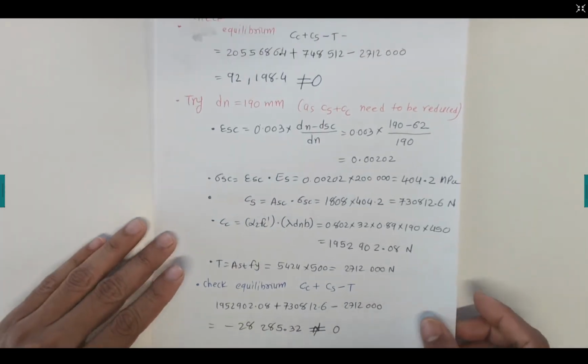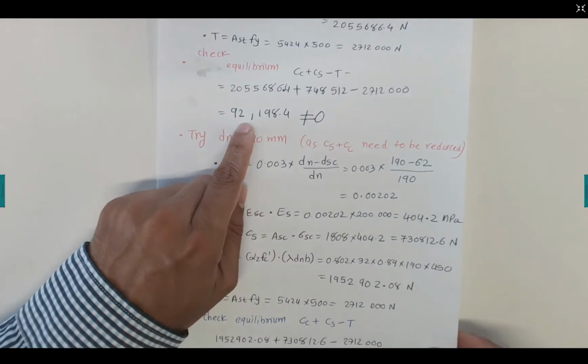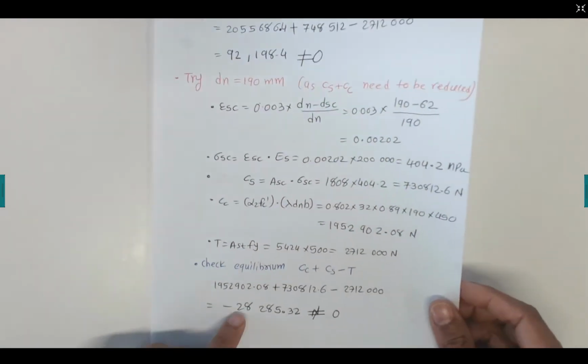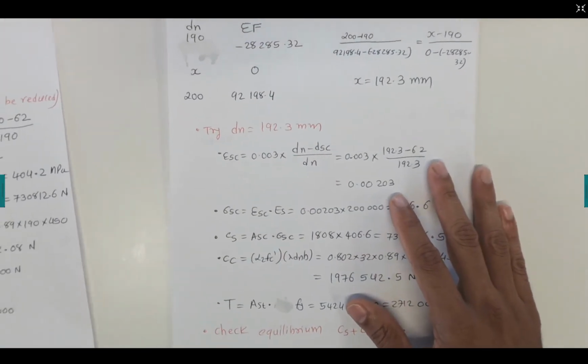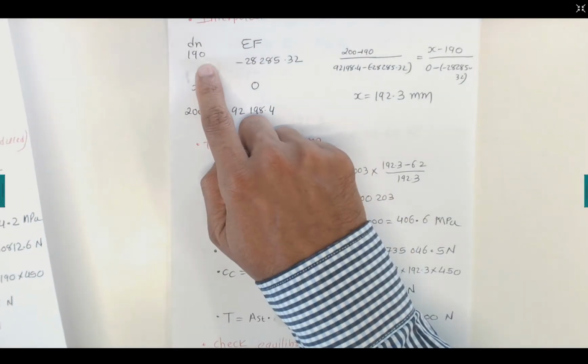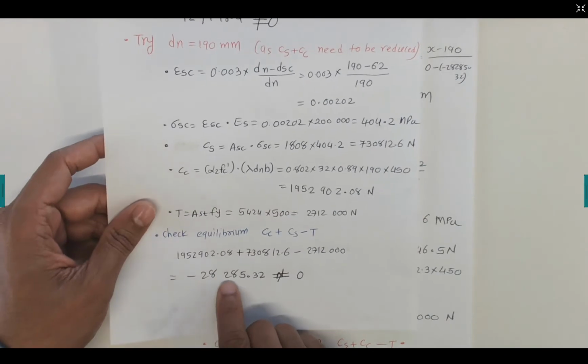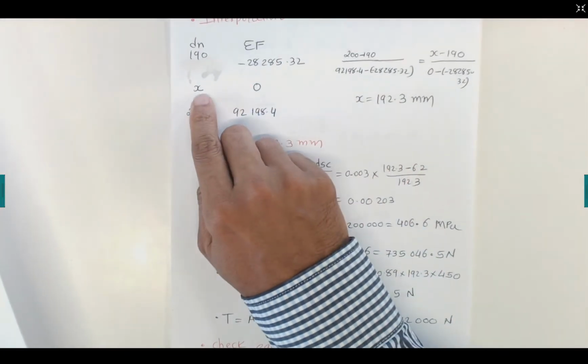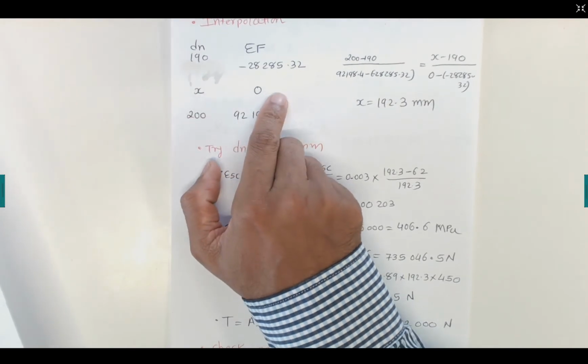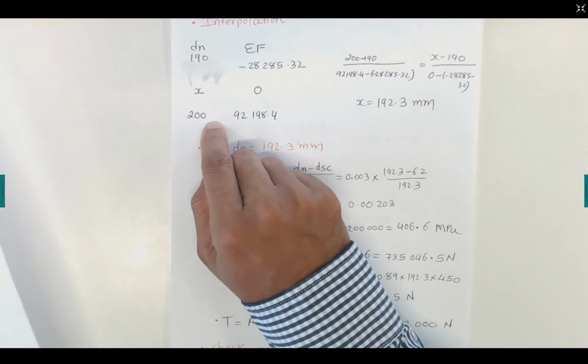Now we have 2 different values, one for 200 millimeters and another one for 190 millimeters. Now we can interpolate. For 190 millimeters we have this negative sum of force. We need to know the DN value when the sum of the force is 0, and we have the value for 200.